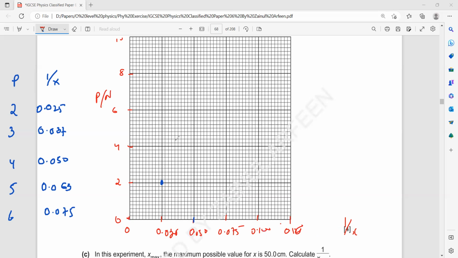So this is one of the values. Then for 3, it's basically 0.037, because each box is representing 0.0025, as 10 boxes equal 0.025. So if I divide by 10, each is 0.0025.